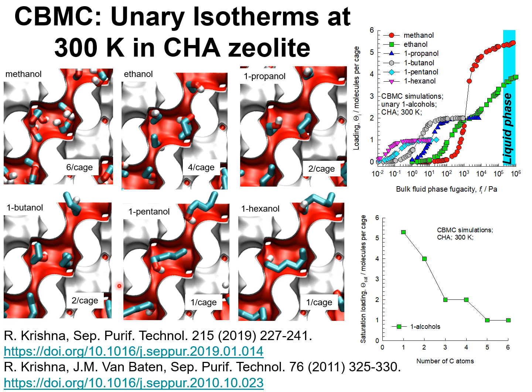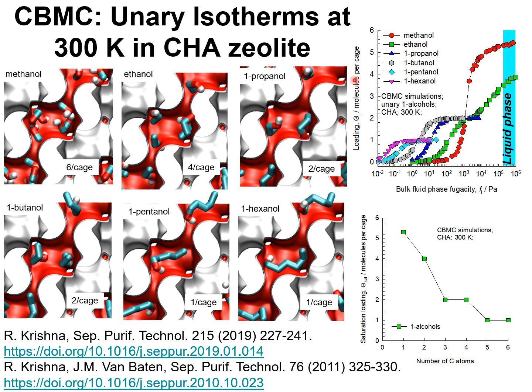Let's first look at the unary isotherms of methanol, ethanol, 1-propanol, 1-butanol, 1-pentanol, and 1-hexanol in Chabasite zeolite. These unary isotherms were determined from configurational bias Monte Carlo simulations.